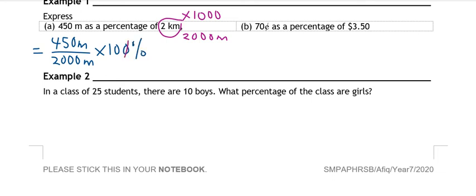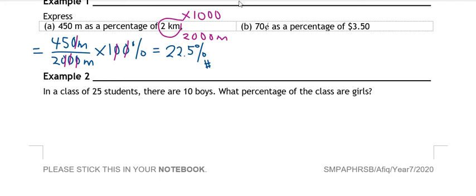Just cancel the zeros by pairs, and you have 45 divided by 2, which is 22.5%. So this means that 450 meter is 22.5% of 2 kilometers.